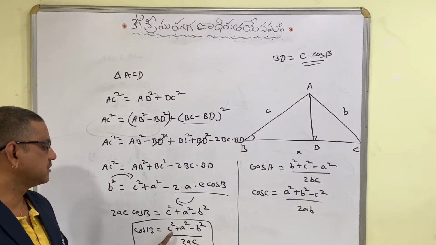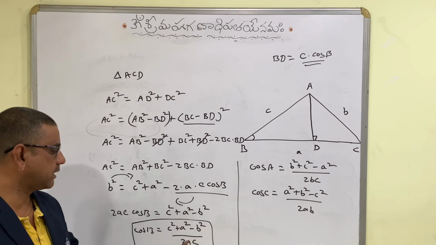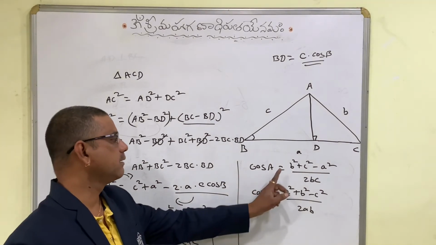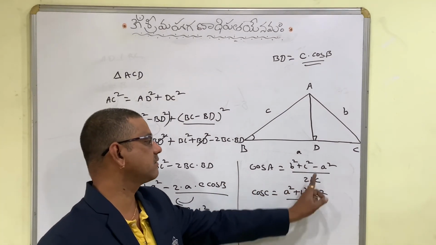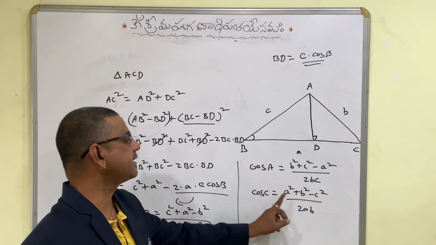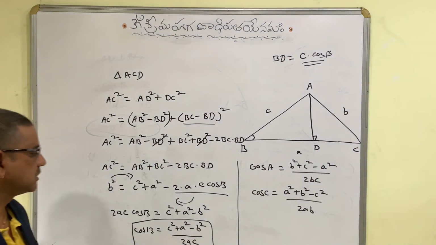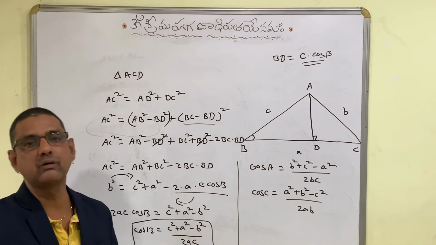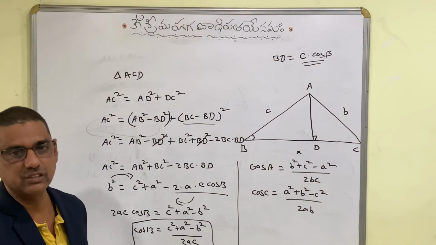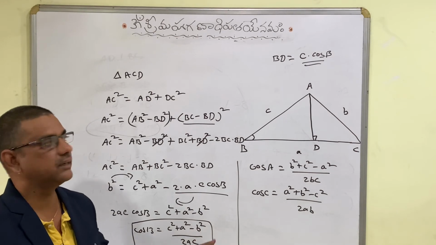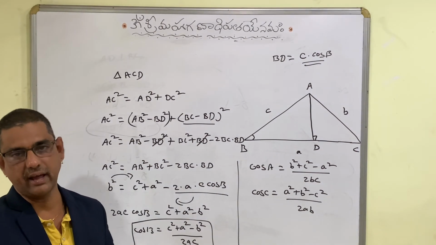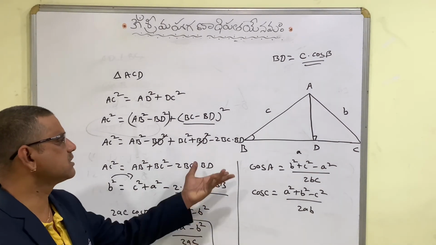Cos B is (C square plus A square minus B square) by 2AC. Cos A is (B square plus C square minus A square) by 2BC. And cos C is (A square plus B square minus C square) by 2AB. By using these formulas, we can find the value of cos A, cos B, cos C in a non-right angle triangle. Now you can substitute the values.